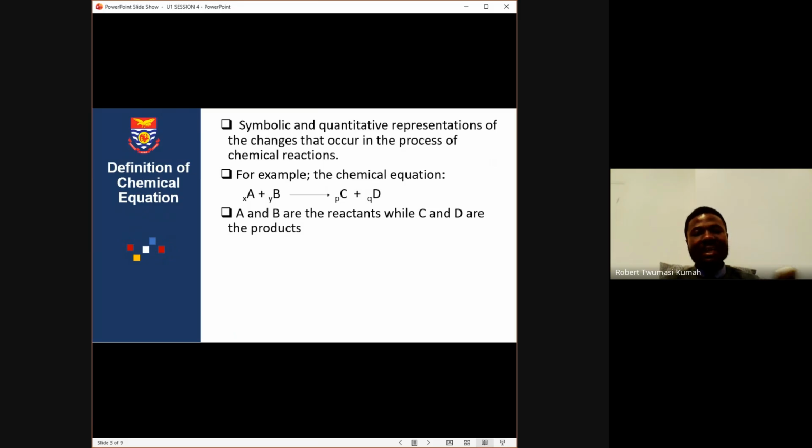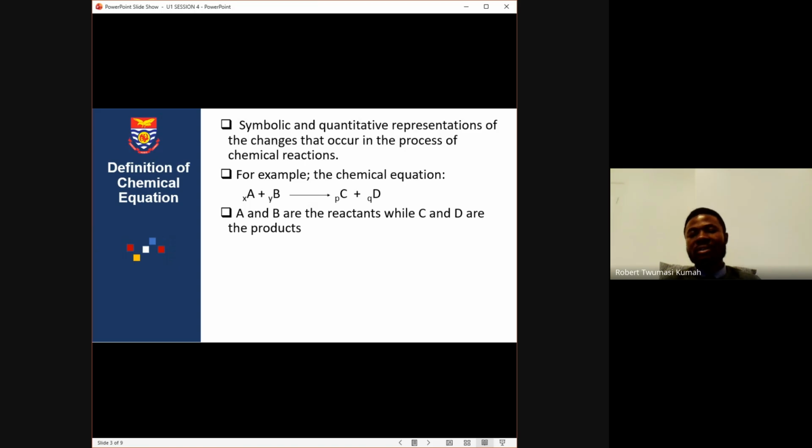A and B are the reactants, while C and D are the products. Now let's take note that in a reaction with a single-headed arrow, the product is always where the head of the arrow is. The reactants are where the tail of the arrow is.